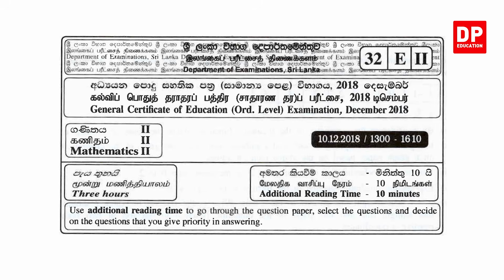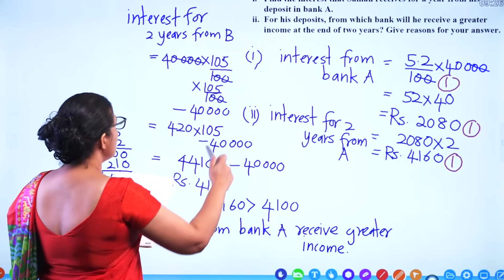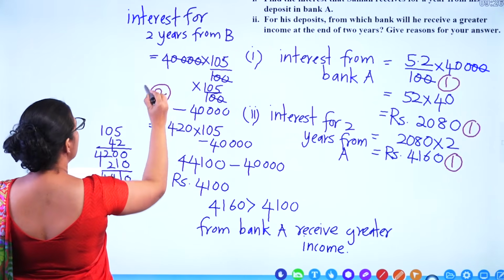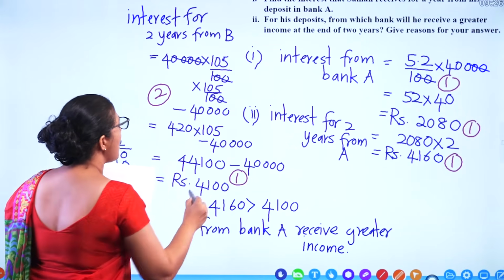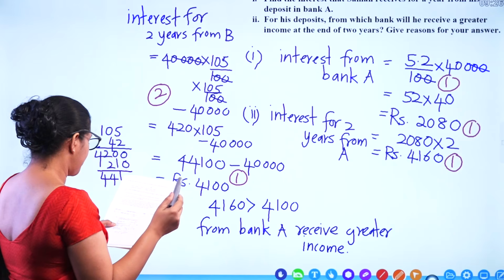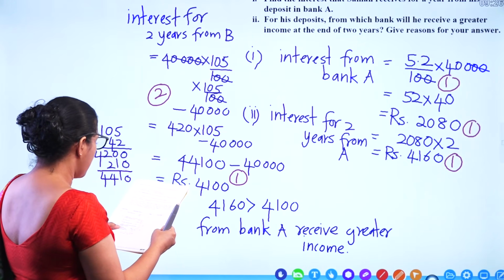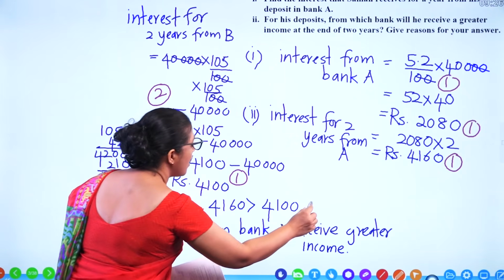And for the second part, you get 5 marks. 1 mark to find the value 4,160, and you get 2 marks for this step, and subtracting and getting this answer, another 1 mark. And writing down that this is greater, you get another 1 mark.